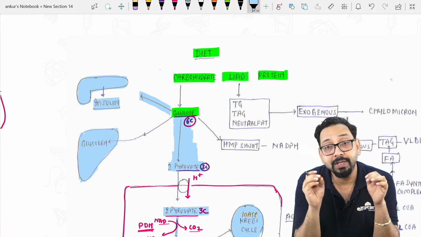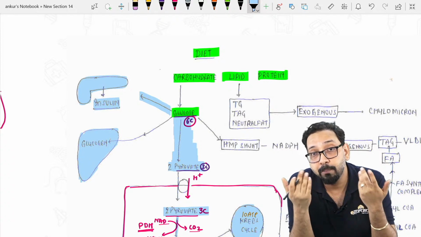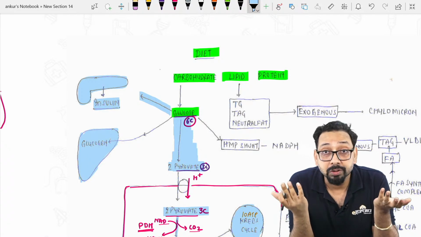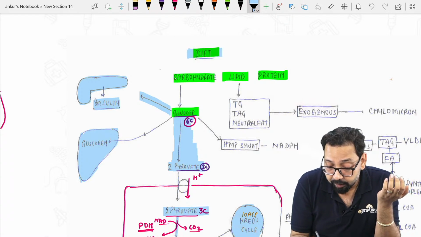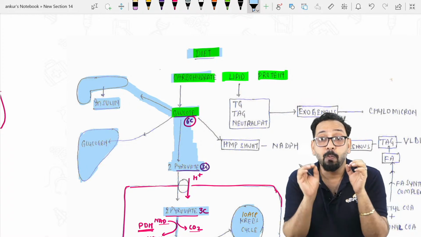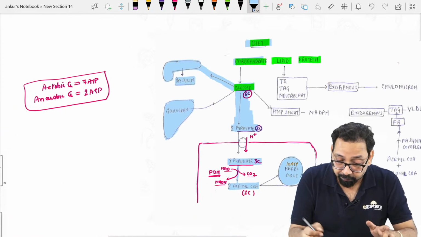This is a frequently asked question of physiology: what is the very important stimulus for insulin secretion? It is glucose. So you took diet, blood glucose increased, reached the pancreas, released insulin. Now what is the function of insulin? I write here what is the function of insulin.